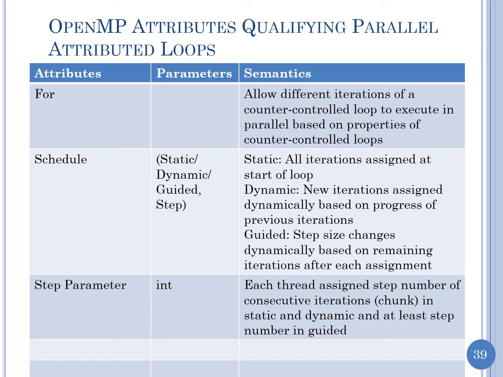Guided also takes as an argument a step size, but that step size is the smallest step size you ever want the guided to go to. We don't specify the range of step sizes. We just say, hey system, do whatever you want to do, but don't make the step size smaller than this. And it'll choose a large step size first, that is up to it, and then it'll gradually reduce it as work progresses.